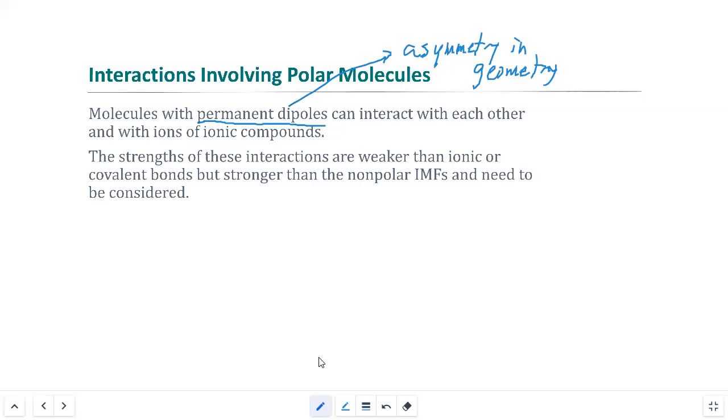Whereas an ionic crystal, how hard is it to melt a salt? Pretty hard. So we know from that ionic has a much greater level of attraction than covalent does. But polar is significantly less than even covalent. But polar does have a greater level of attraction than nonpolar does.